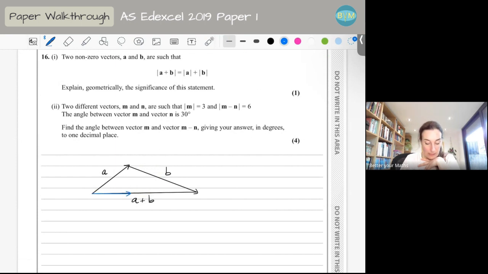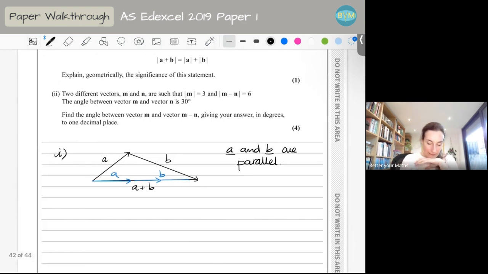So this is going to be A, and this is going to be B. So they are going to be all parallel. If not, it's not possible that that happens. And I think the best way of seeing it is with a sketch. Geometrically, the significance of this statement is that A and B are parallel vectors, or have the same direction, or something like that.